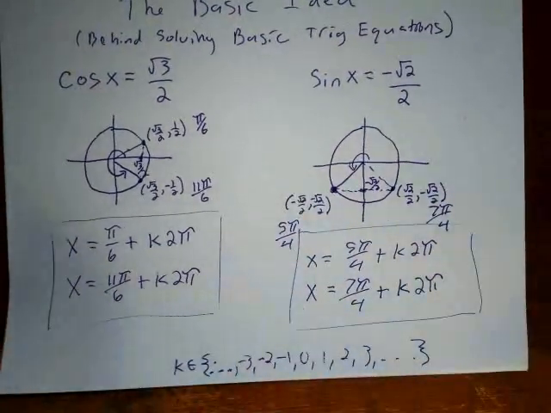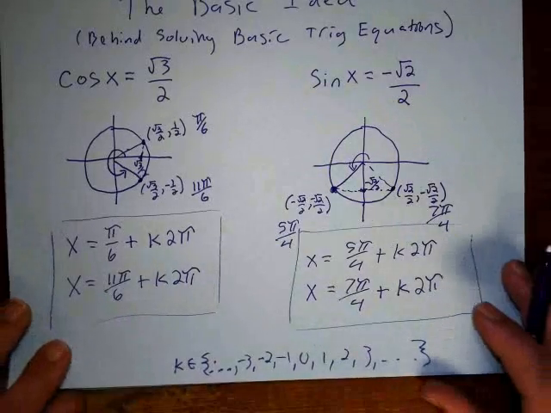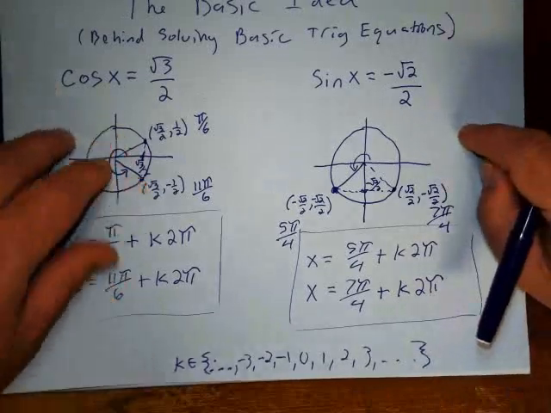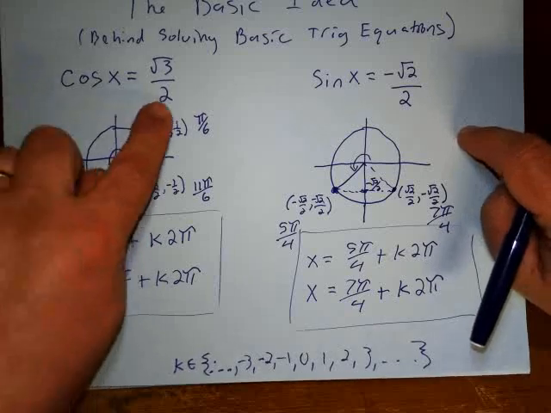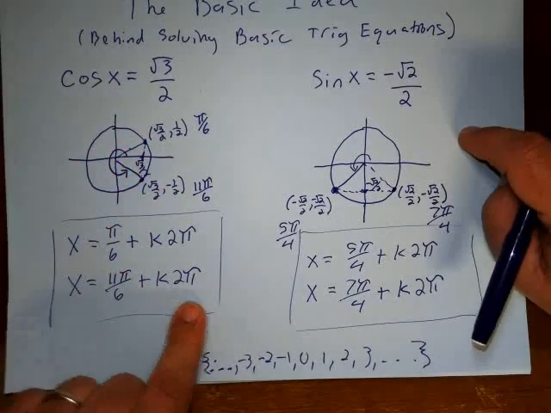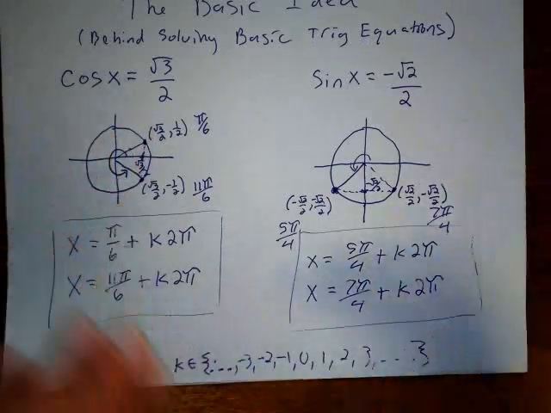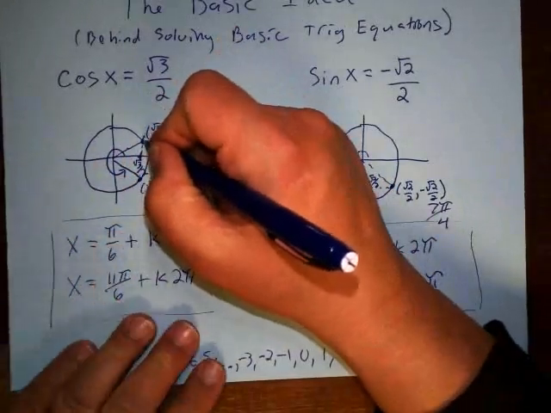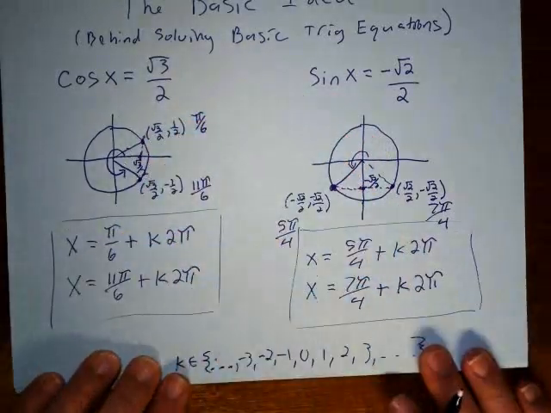So anytime you have a cosine equation or a sine equation, between 0 and 2 pi you're always going to have 2 angles that give you that solution, plus all the rotations of those 2. What I would do is just draw a unit circle every time, find those 2 angles, put them on there, and then do all the rotations.